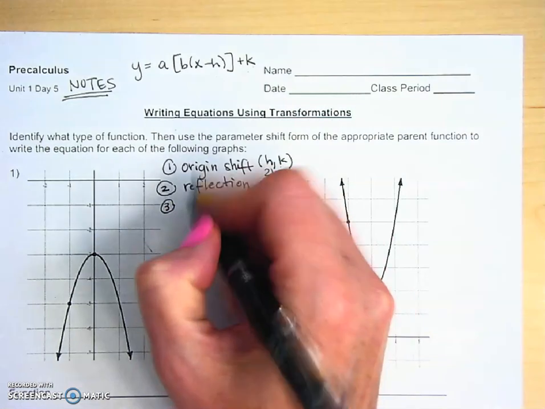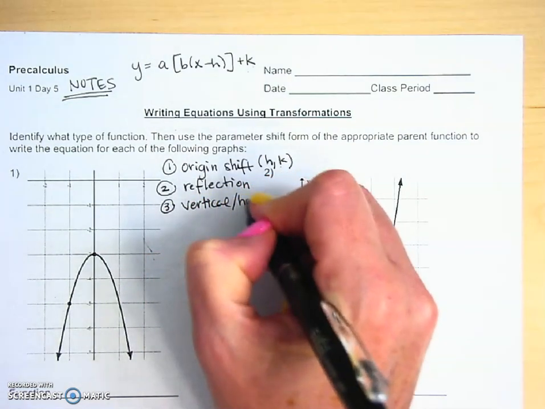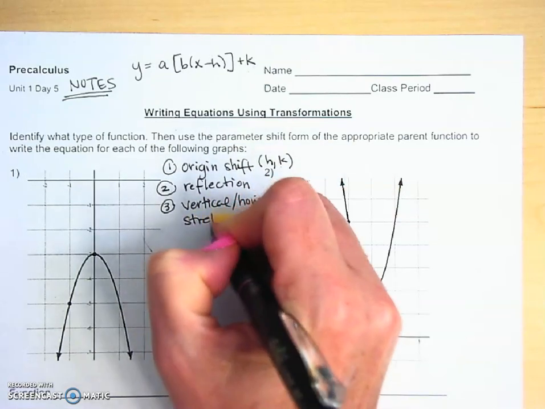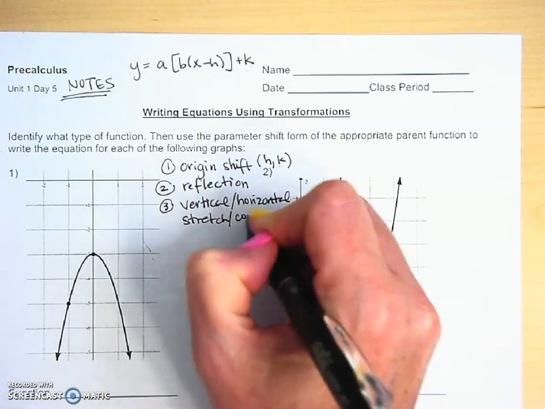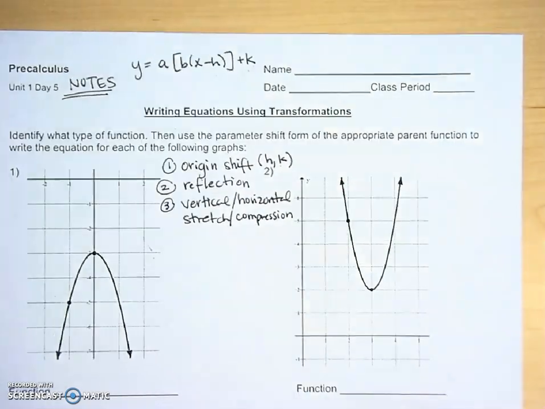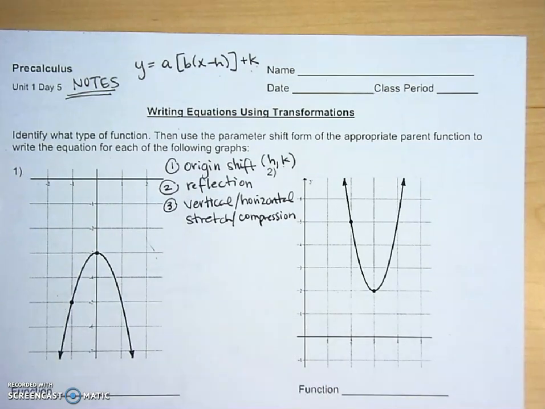And then the last thing I do is check for a vertical or horizontal stretch or compression. And that will determine my A value or my B value. Maybe both.